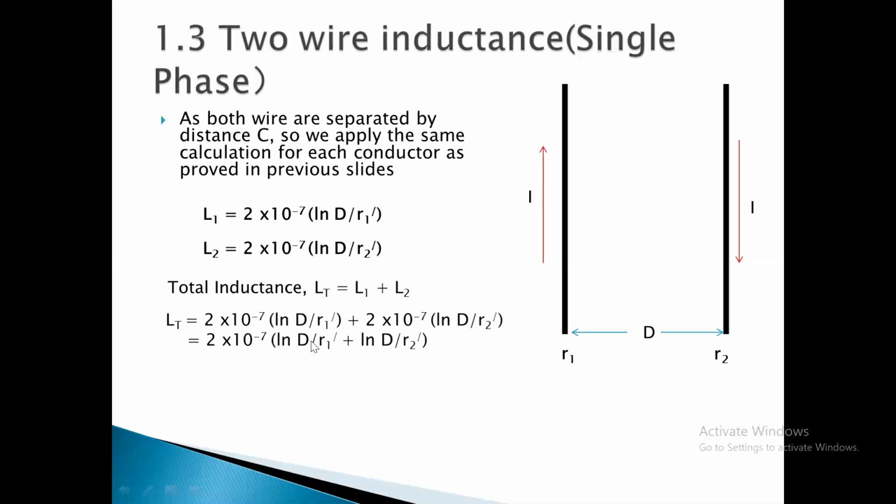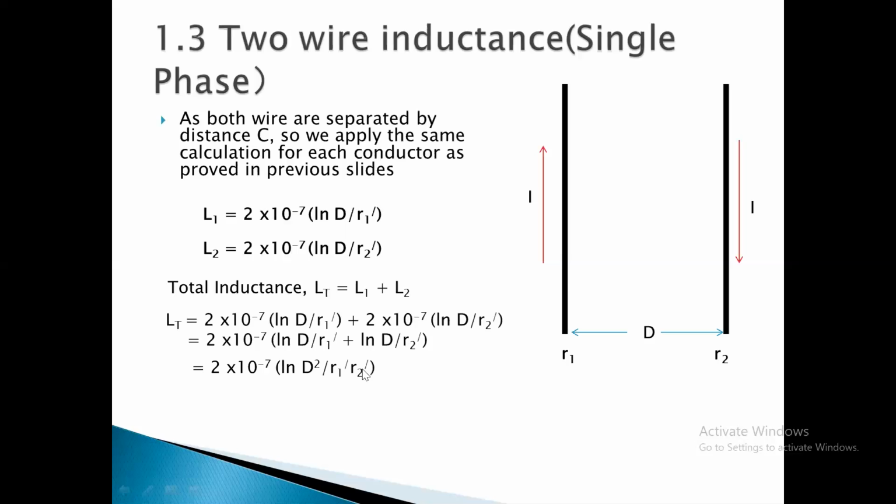I will multiply these two values according to the log formula. So d multiplied by d, I will get d squared divided by r1' multiplied by r2'. So this is the total inductance in case of two wires, two conductors.